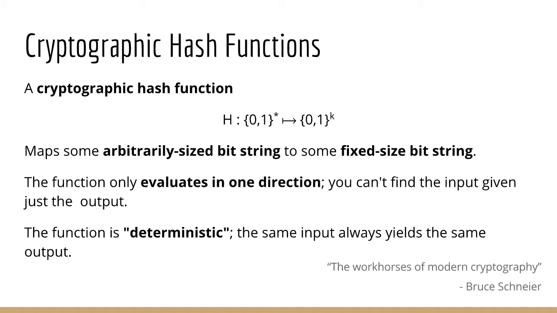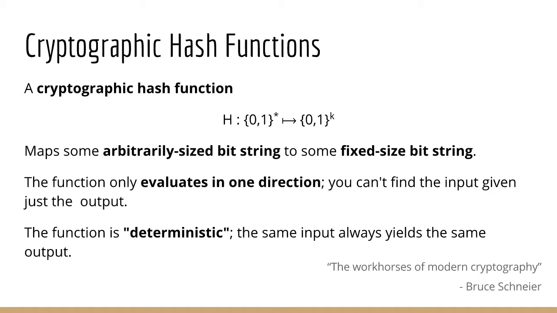Basically, a cryptographic hash function is a function that evaluates in one direction. In other words, it takes some data, sends it through this one-way pipe, and gives you some garbage, except you can't go backwards through the pipe and get the data back again. It's like making a stew. You put in the eggs, the potatoes, the carrots, the soup. You mix it together, but you can't get the parts back out again.